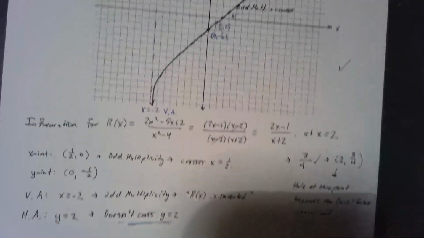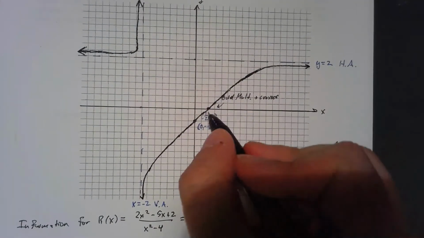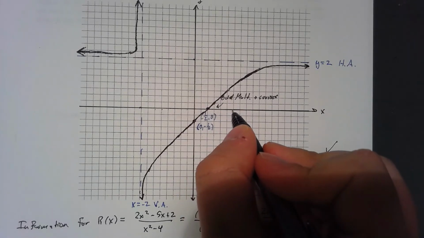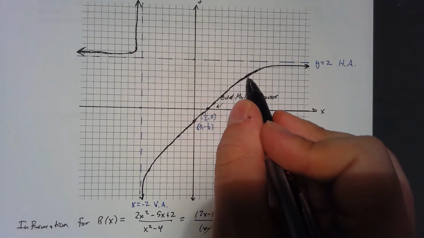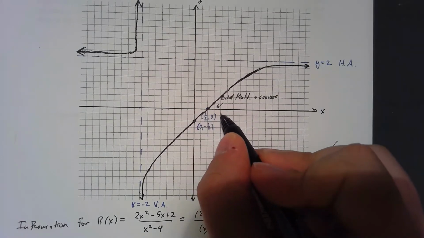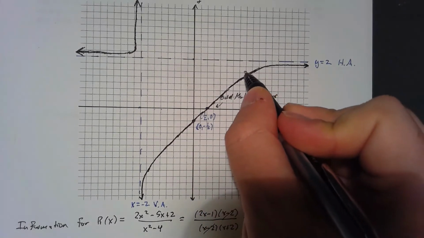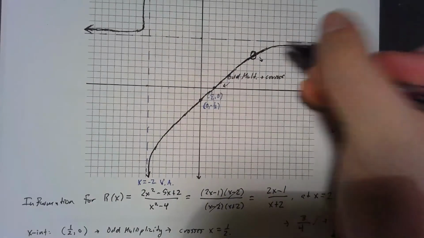So at this point, (2, 3/4), there's a hole in the graph. If I go out, this is 1/2, that's 1, 1/2, that's 2, and then 3/4 is right here. So this point right here has a hole. That's the point (2, 3/4).